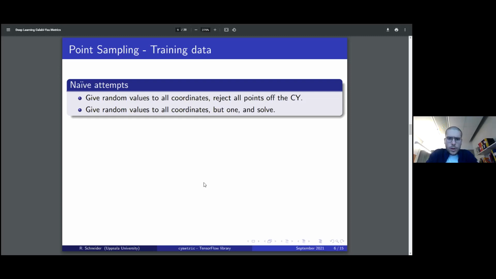This is unfortunately very inefficient because of the high dimensionality of our problem, and the Calabi-Yau is just going to be a submanifold in this high dimensional ambient space. Thus, we will have to reject essentially all of the points, and we'll never really find any points on the Calabi-Yau. The other procedure is to give random values to all the coordinates and then solve for the last one. This, however, introduces a bias which is more difficult to control.